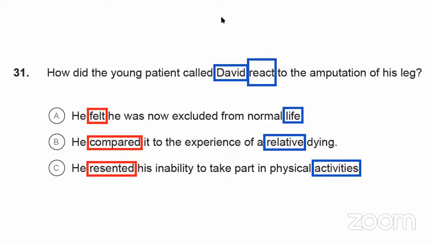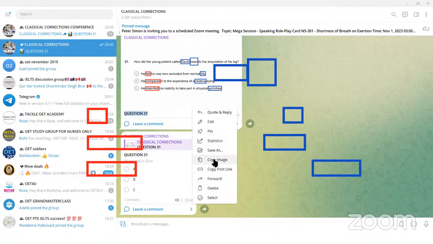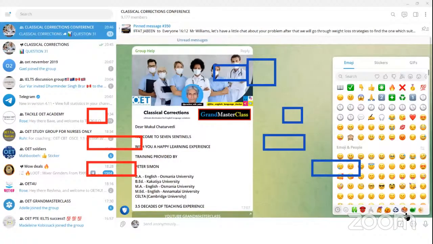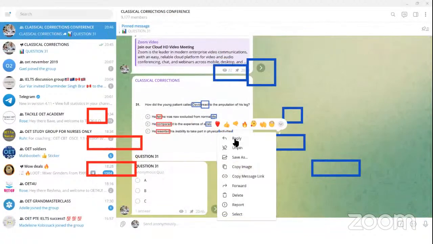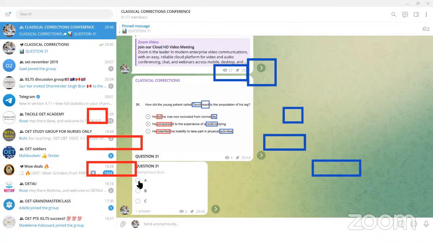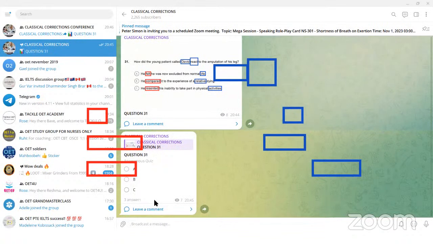Resume share. So you have given the answers, right? Now what I'm doing is copy post link, and I'm giving you the point here, so you can check your answer there. Copy message link. So you can just click on the link and pick A, B, or C, whatever answer you have written. So one person has already got here. 3 people. Very good.